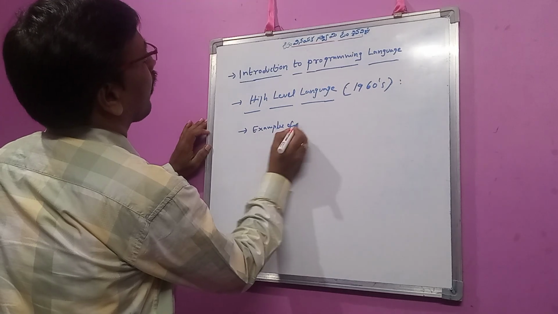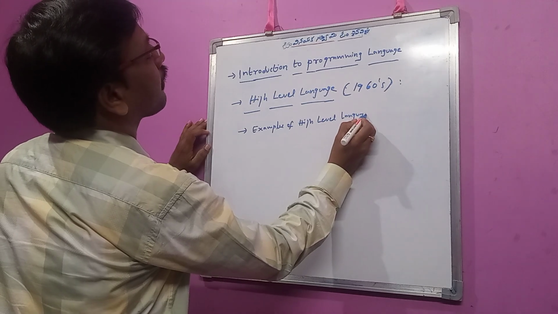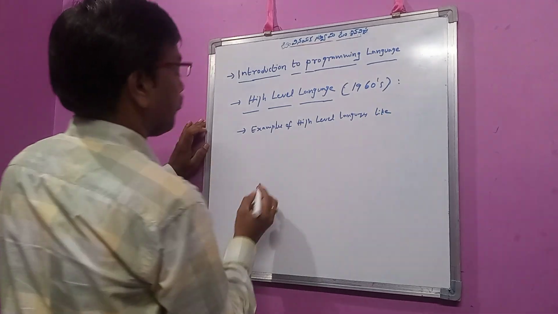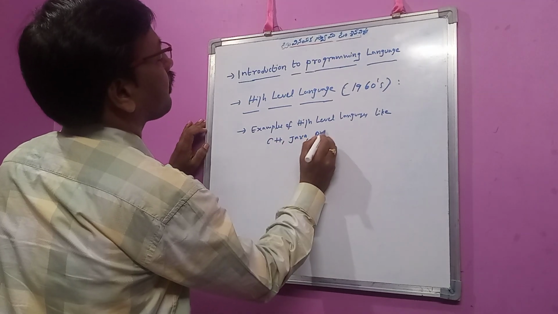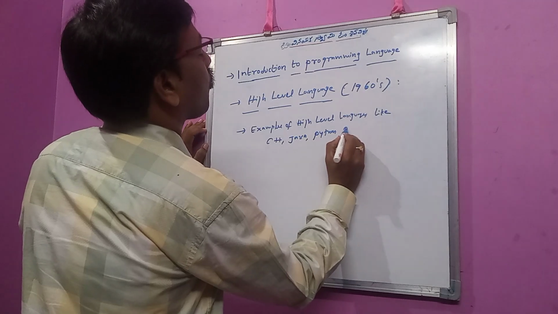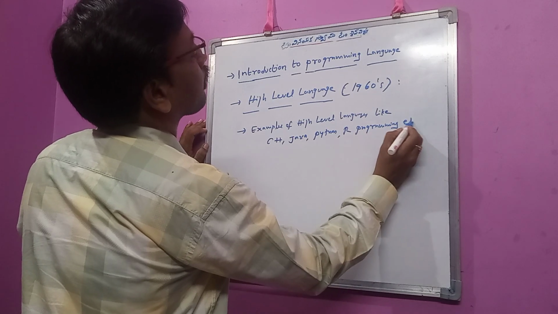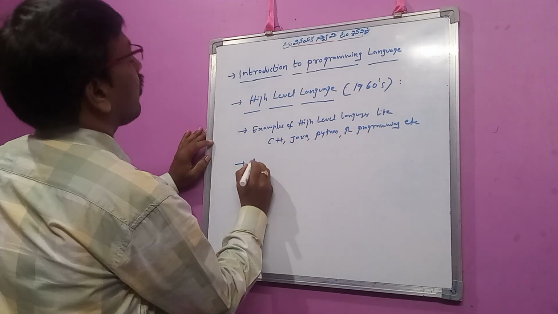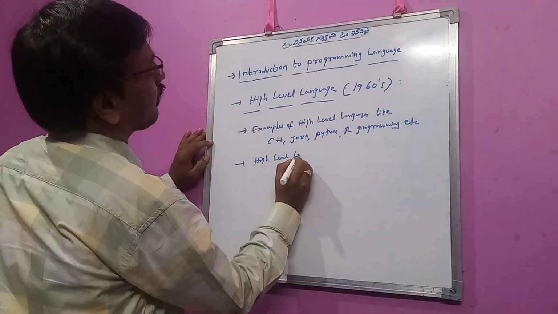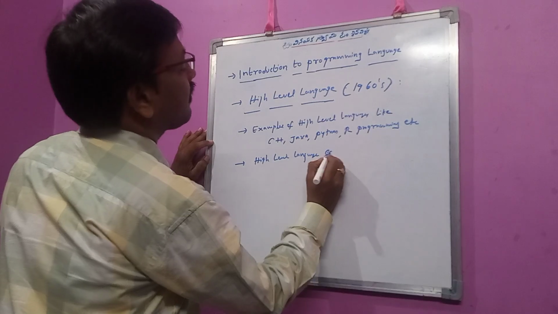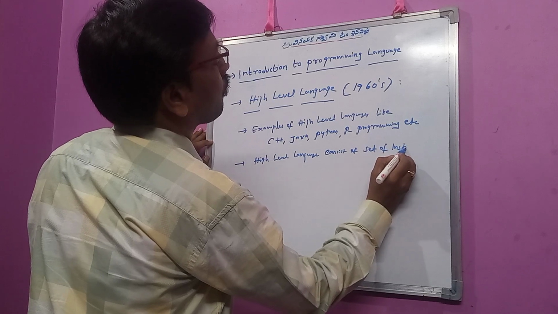Examples of high level language are C++, Java, Python, R programming, etc. High level language consists of a set of instructions.